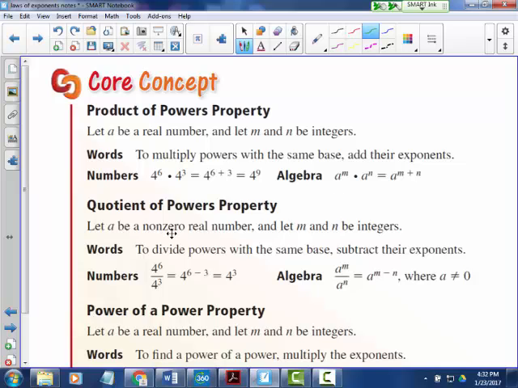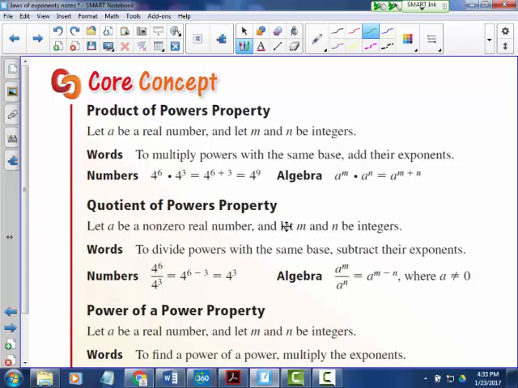One thing we have to talk about with quotients or division is we can't have a 0 in the denominator. So when we're dividing a by a, even though they have different powers, a can't be equal to 0, because that would cause us to divide by 0, which is not possible.